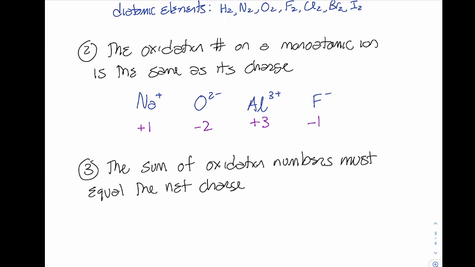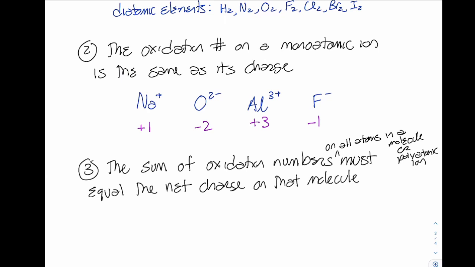And you might want to add here, sorry, the sum of oxidation numbers on all atoms in a molecule or polyatomic ion. Sorry to add the big thing there, but the sum of all oxidation numbers on all atoms in a molecule or polyatomic ion must equal the net charge on that molecule or polyatomic ion.